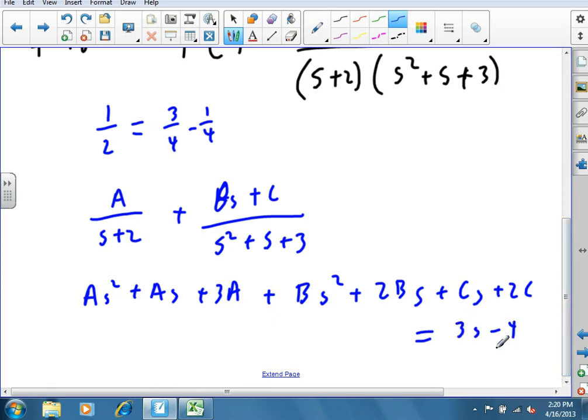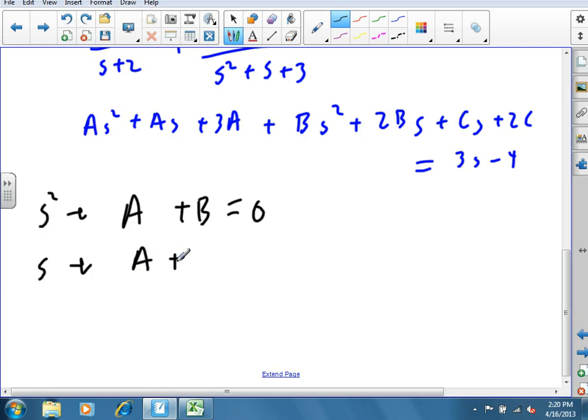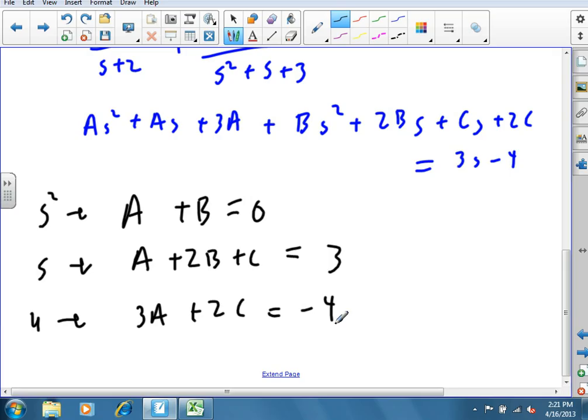All right, so the s squared term, a plus b, has to be 0 because there is no s squared term. The s term, a plus 2b plus c, has to equal 3 because that's my coefficient there. The unit term, 3a plus 2c, has to be minus 4.